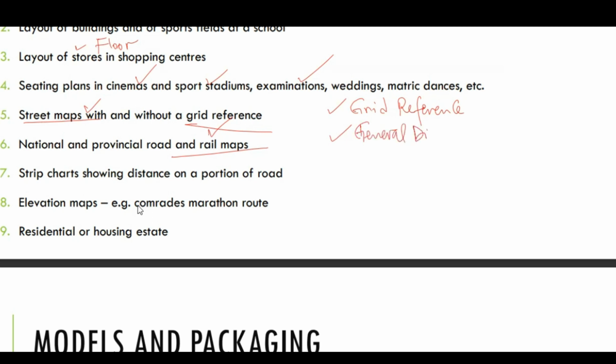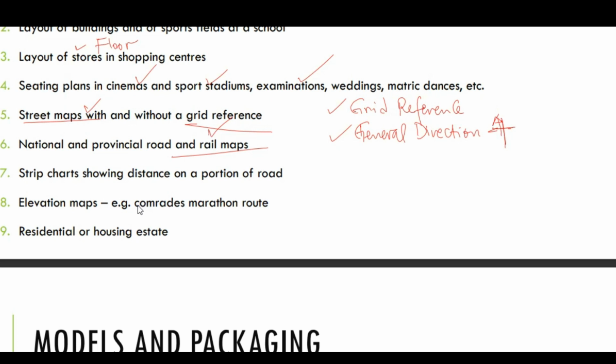General direction, I'm talking of the map now. We need to use the compass. For general direction, we are looking for north, south, east, northeast, northwest, southeast, southwest. You know, we are using.